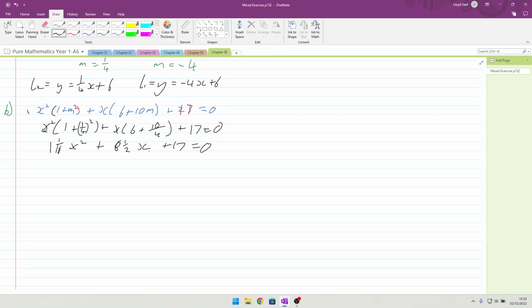So 1.065, 8.5 and 17 gives me solves of x equals 4 and x equals minus 4, and that is all.